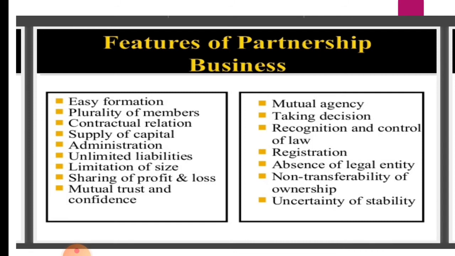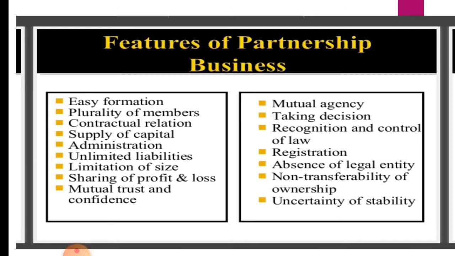Everything can be discussed among the members. So minimum there are 2 persons, and the maximum limit in banking business is 10, and in other cases it is 20. So they can have a discussion among them, and then they can take a quick and favorable decision to run the business profitably.